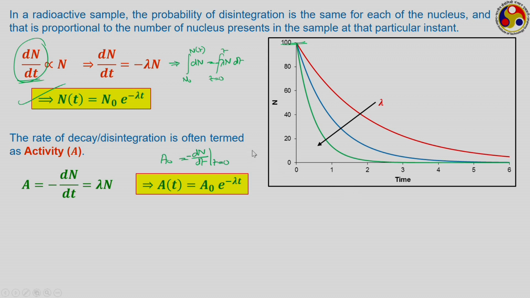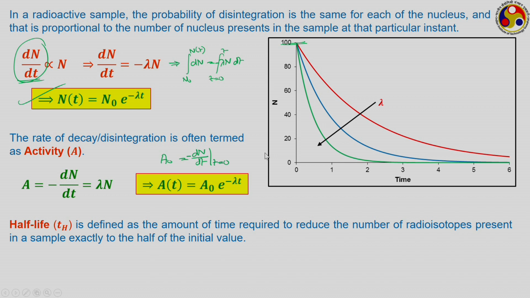Another parameter that is of much importance here is half life. Half life is defined as the amount of time required to reduce the total number of radioisotopes present in a particular sample to half of its original value. Look at the curve that I have shown here. The initial number of isotopes was 100 at time t equal to 0, and half of that is 50. The time it takes to reach this half value, if we go for the first sample, the red colored one, is somewhere here.